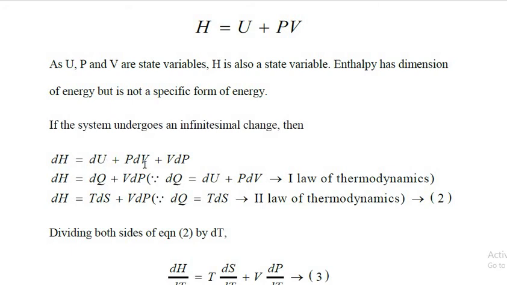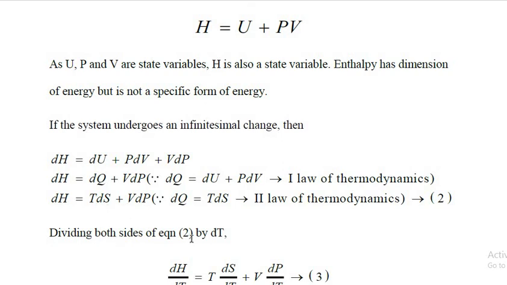So instead of this, substitute dQ plus VdP. Next, what is dQ? It is TdS from second law of thermodynamics. dQ is equal to TdS. So I have substituted that. So this is equation 2. That is dH is equal to TdS plus VdP.